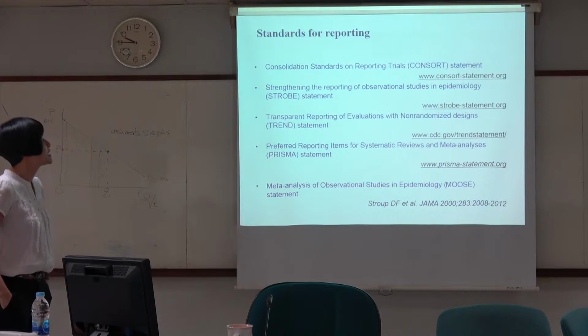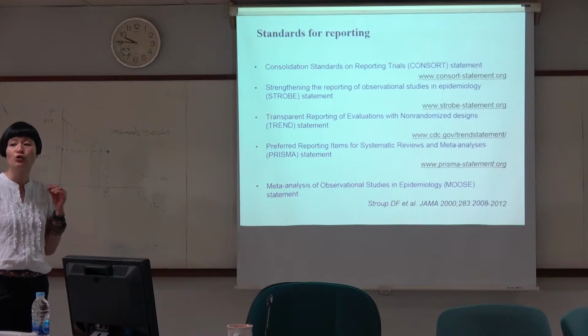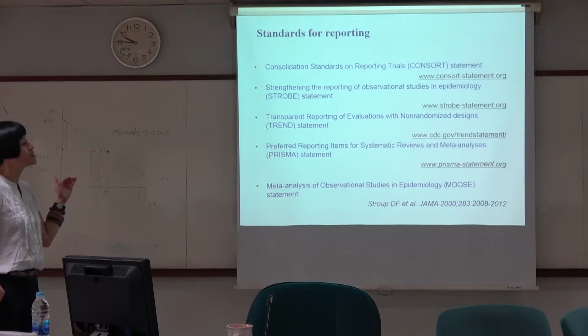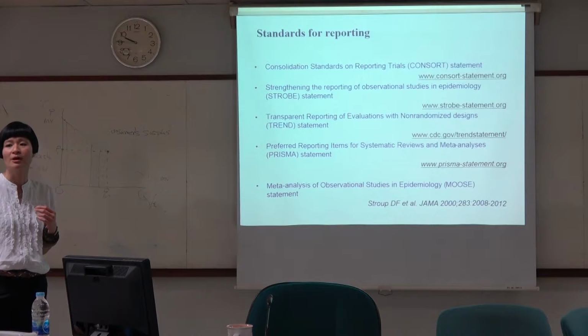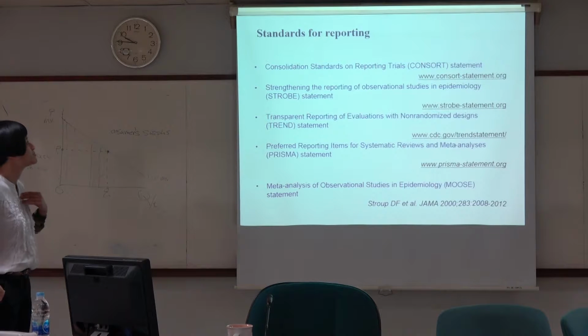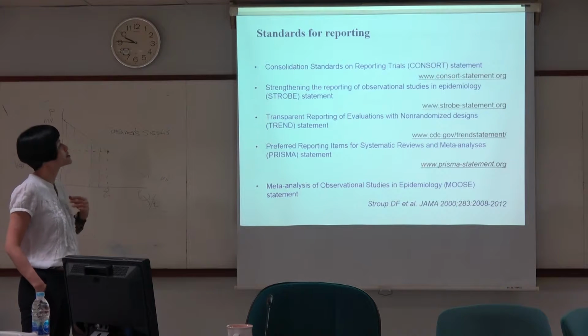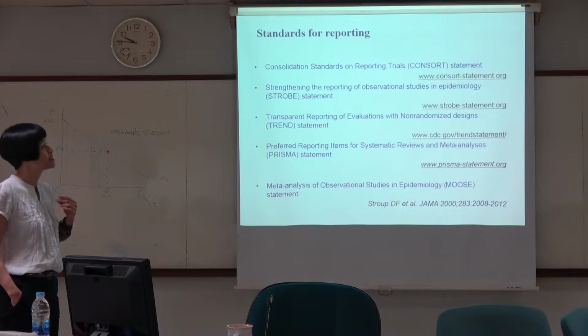So here are the standards of reporting, and I've shown you some of this already. This guidance basically tells us what good quality studies ought to look like. So if you're familiar with this guidance, then you have a really good sense when you read a paper, without even having a checklist next to you, whether it's a good quality paper. So the CONSORT statement, Consolidated Standards of Reporting Trials, is for randomized controlled trials.